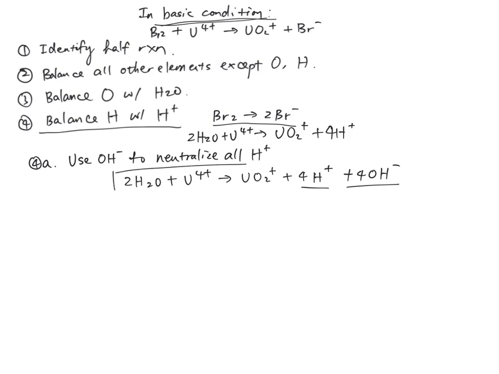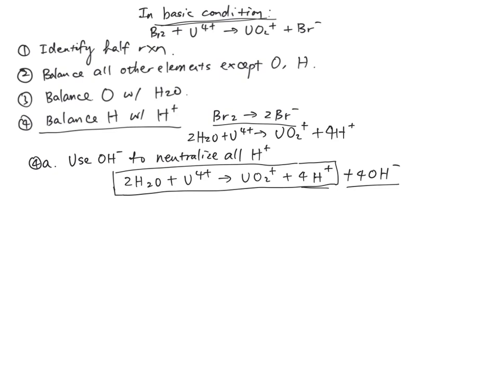Well, look at this. Remember we said before, in our step number 4 in acidic condition, that after step number 4, all your elements are balanced, regardless whether they are something else or hydrogen or oxygen. All the elements are balanced.